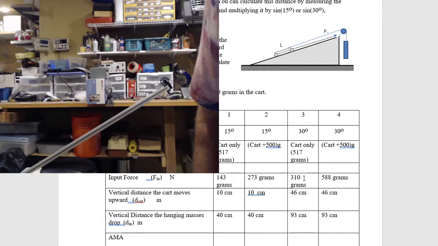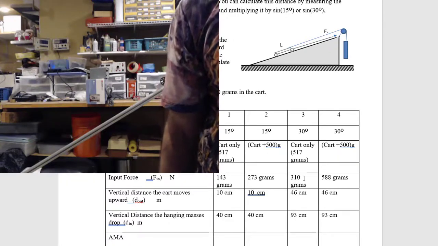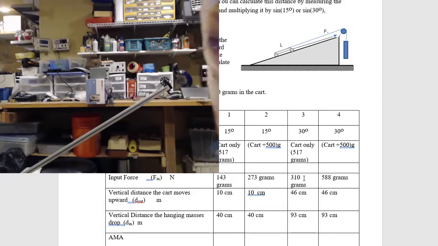All right. So we have enough data. Now you can calculate the AMA and the IMA the same way you did earlier. You're going to have to convert these grams to weights in newtons, just like you're going to have to convert the mass of the cart plus the 500 grams into weights in newtons.